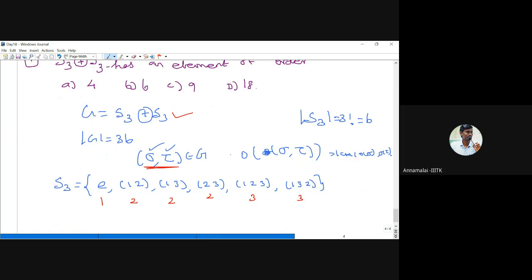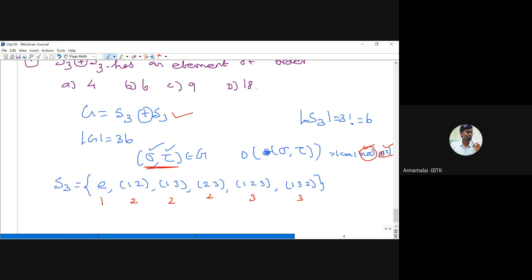Because it's nothing but the LCM. We know that the order of any such element is the LCM of the order of sigma and the order of tau. But the possible orders of sigma are 1, 2, 3. Again, the possible orders of tau are also 1, 2, 3. So for what combinations will we get a larger value? You understand my question?